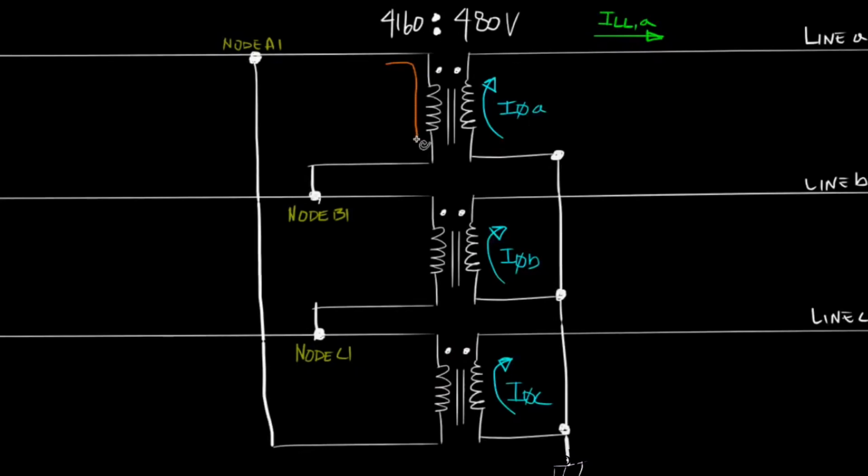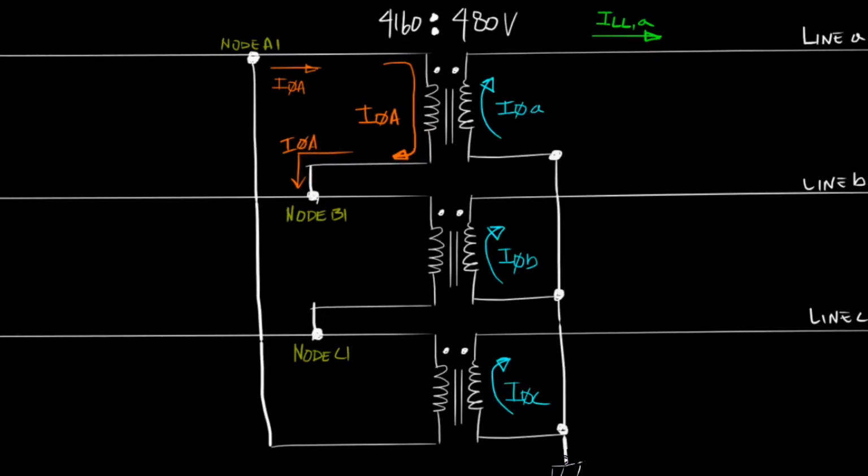We know from part 3 that primary phase A current flows into the polarity side of winding A and out of the non-polarity side of winding A, which means that the current that flows out of node A1 by definition is phase A current. And since the non-polarity side of winding A is connected to the polarity side of winding B, the current that goes into node B1 is the same phase A current.